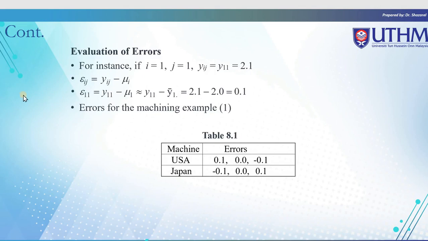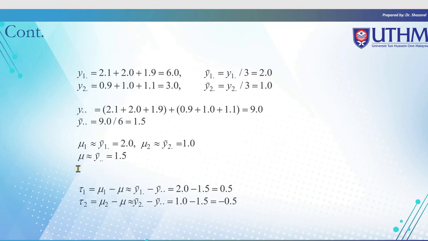And then we calculate the error. What is the error? It is the random error. For each observation, we take the observation y ij and subtract the mean of its level. For the first level, the mean y bar 1 dot is 2.